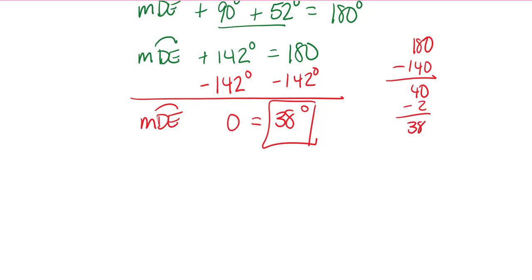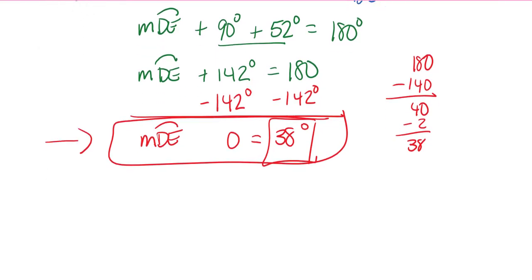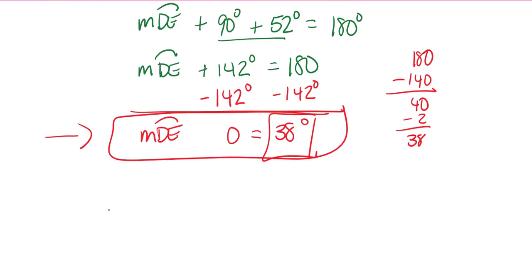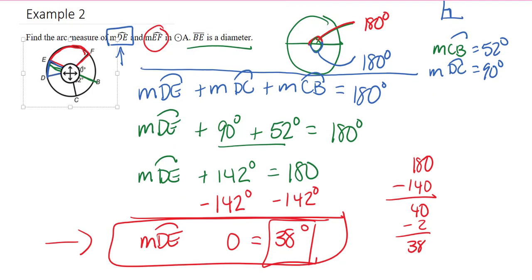That's our answer for this one. But if we go back to our problem, we actually have to find 2. So we found 1. Now we need to find the arc measure for EF. So this one right here. Once again, we know a straight line makes 180 degrees. So we have 180 degrees on one side, and we're looking for the arc measure EF, and what's given to us here is 60.